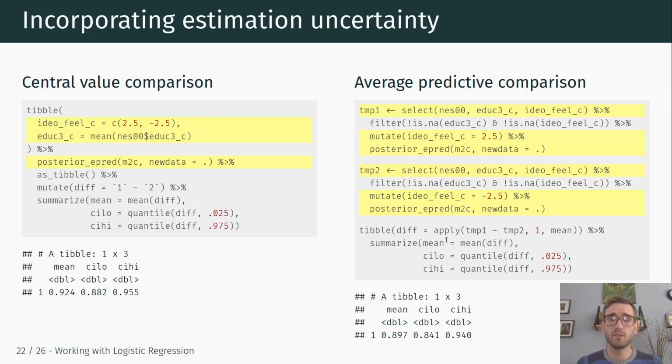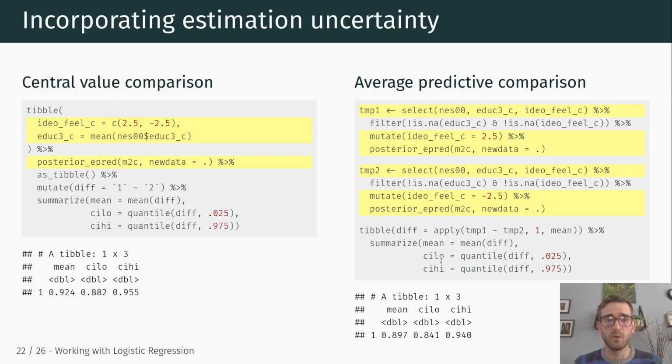And then we compute these changes in predicted probabilities for each of those draws from the posterior distribution for each of those individual education levels that we actually observe. So there's a little bit more code here, by rather than just creating this smaller tibble, we're selecting our predictors from our original data frame and then again using posterior EPRED to compute those predicted probabilities.